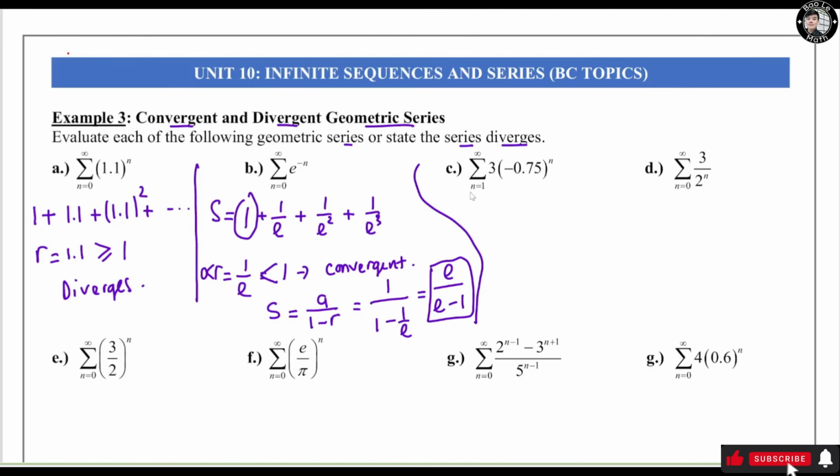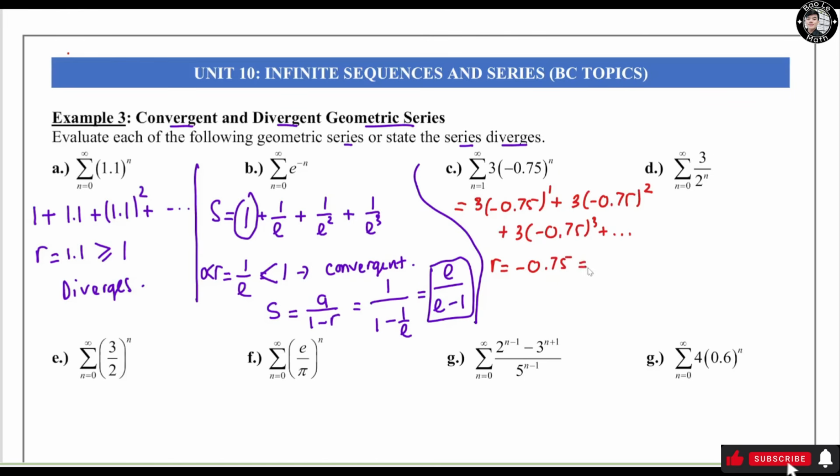So n equals 1, we have 3 times negative 0.75 to the first, plus n equals 2, you have 3 times negative 0.75 squared, plus 3 times negative 0.75 cubed, plus etc. And observe that the common ratio is negative 0.75, which is greater than -1 and less than 1.